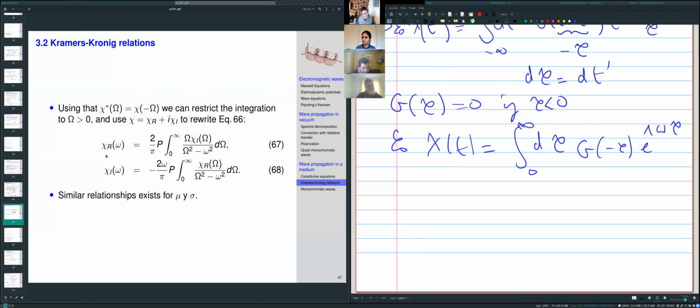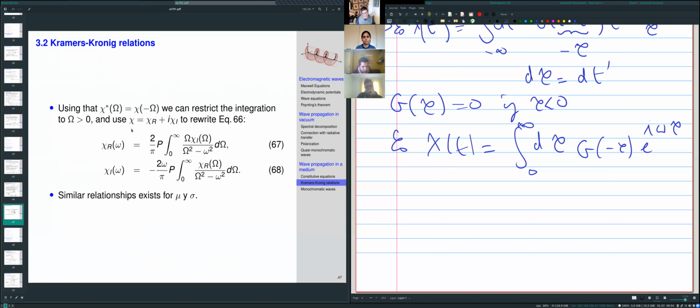This treatment, which I failed to prove at the beginning, you can imagine goes well. It's quite straightforward in complex plane calculus, but you finally get to these equations.